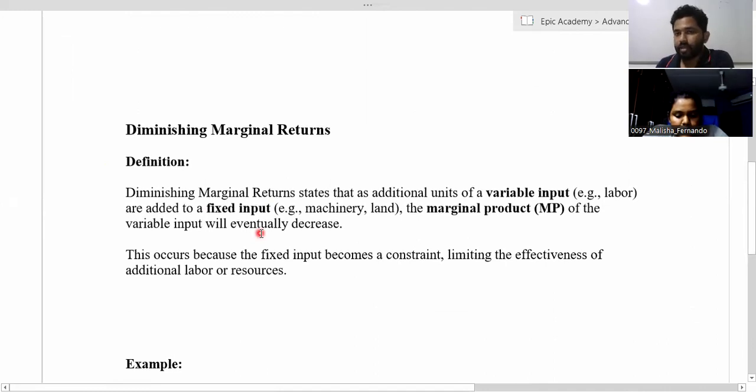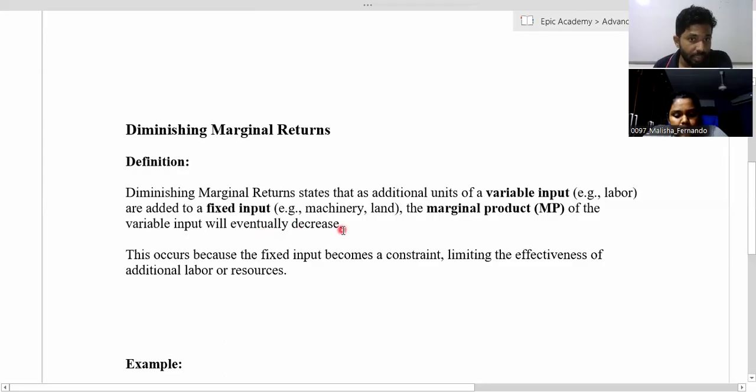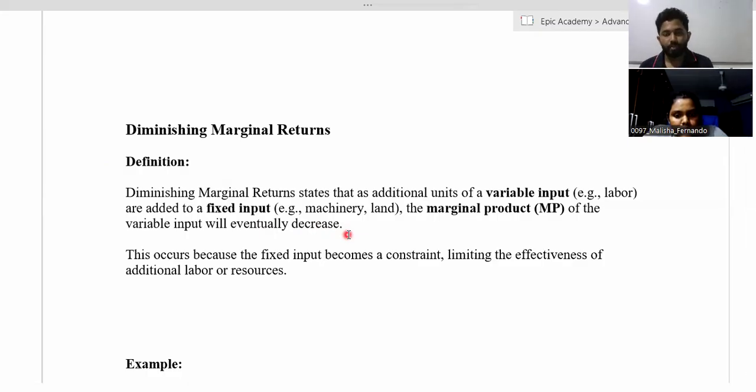Already you identified marginal return. What happened? After a certain time period, it is going to be reduced. Marginal returns. Okay. Definition. Diminishing marginal return states that when additional units of variable input, I mean labor, are added to a fixed input, I mean machineries, building and land, the marginal product of the variable input eventually decreases.